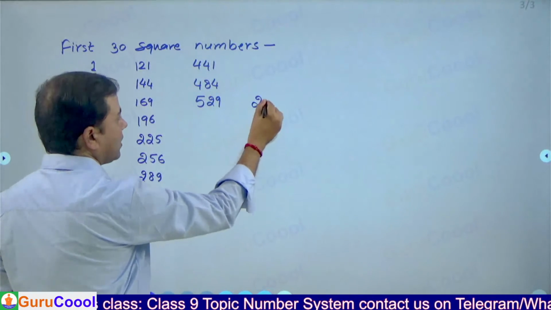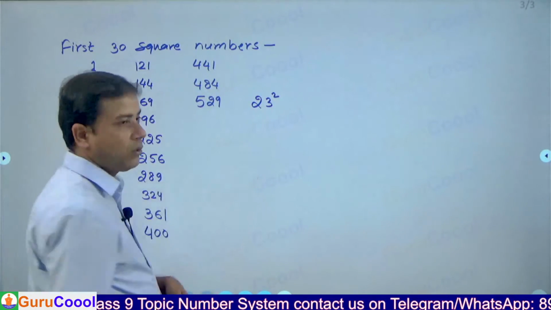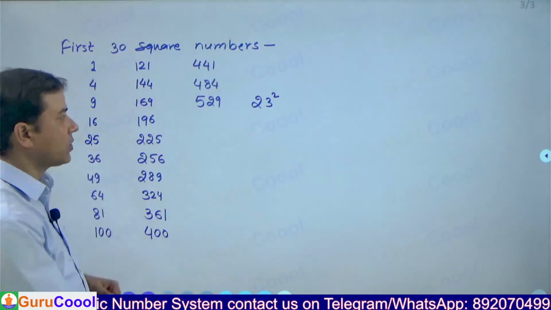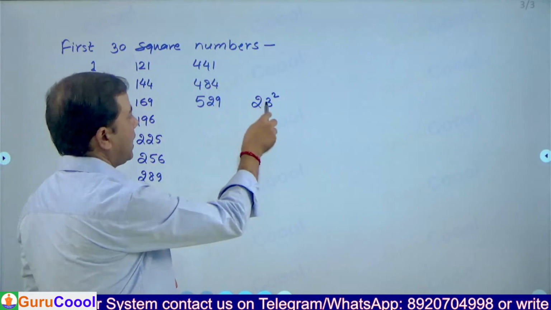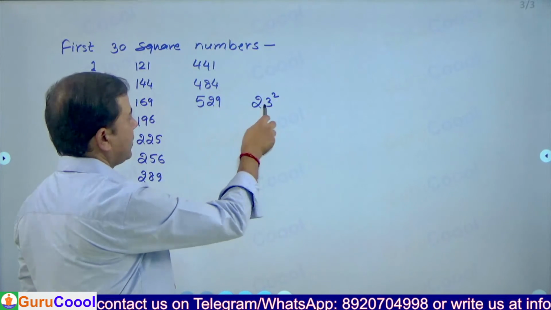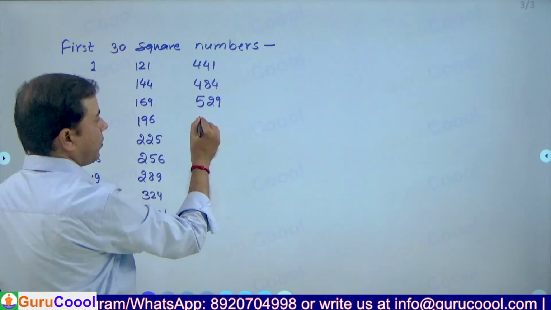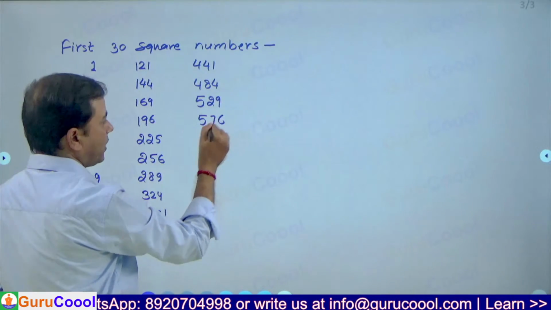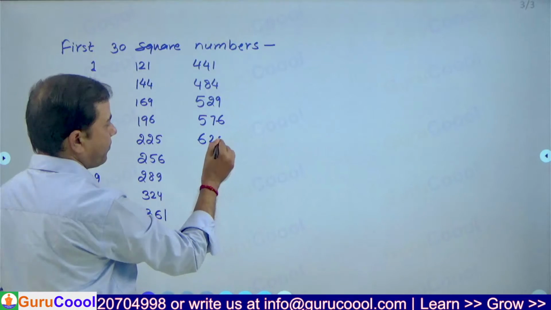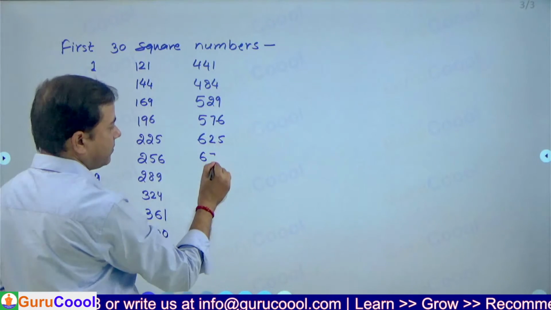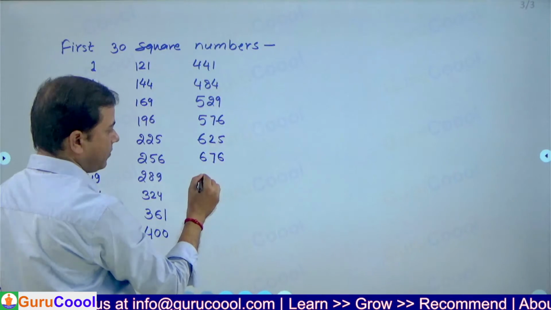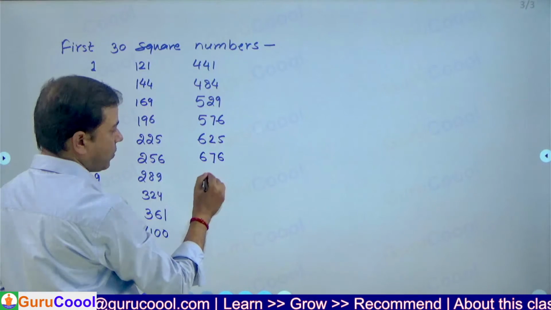I'll cross check because I don't remember it perfectly. 3 3s are 9, 3 2s are 6, 2 2s are 4. Yes, that's correct. Now 24 square, 25 square, 26 square, 27 square. 27 square, I don't remember.